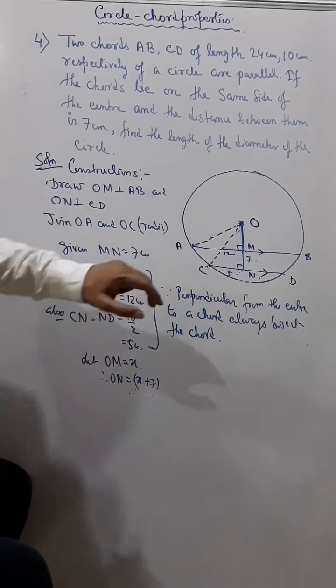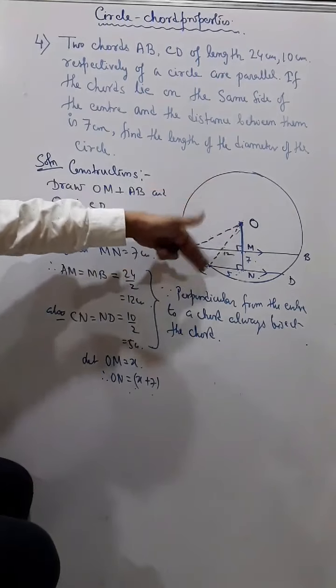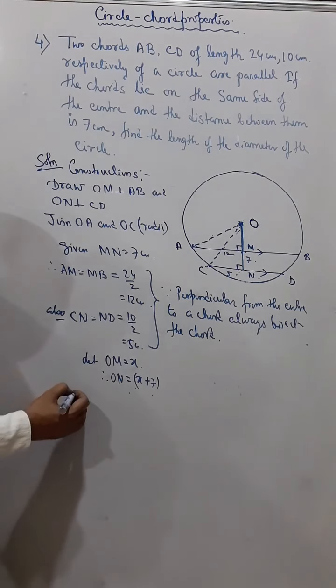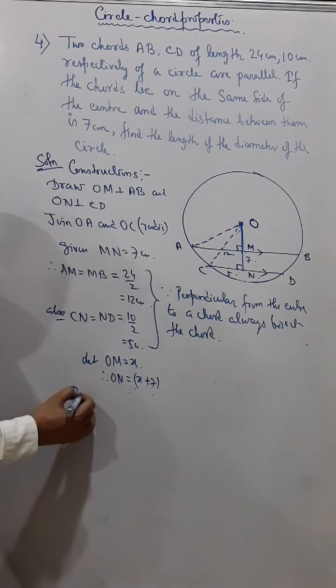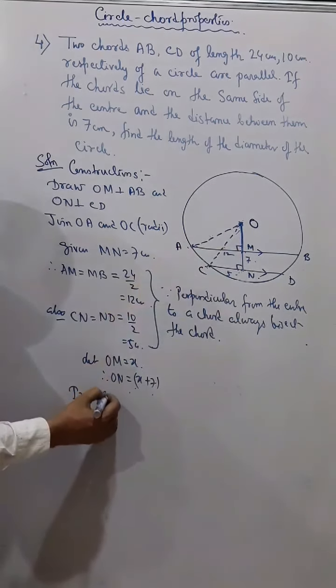So from there we'll get an equation, we get the value of x. And after getting the value of x, we can put the value of x, then we can find OA or OC. In both cases, they are the radius. So try to understand what I am doing. First I will take triangle OMA.